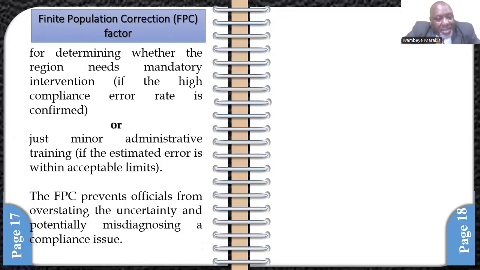The finite population correction factor prevents officials from overstating the uncertainty and potentially misdiagnosing a compliance issue.